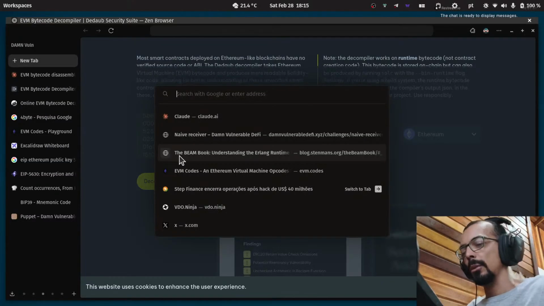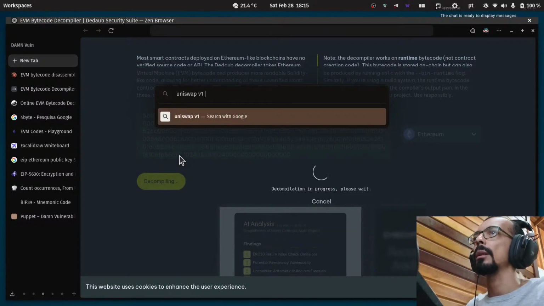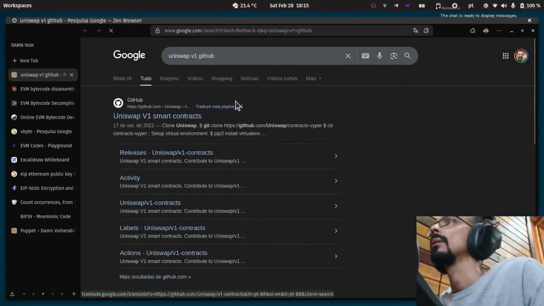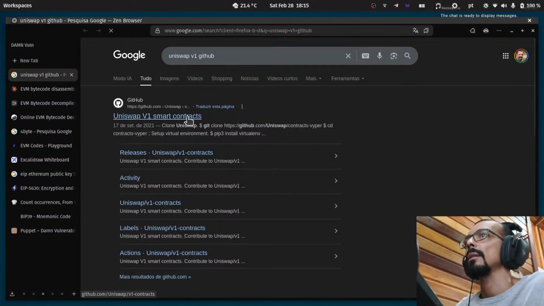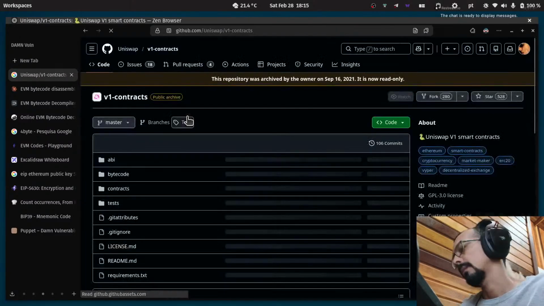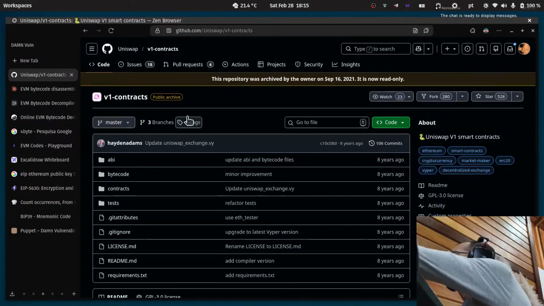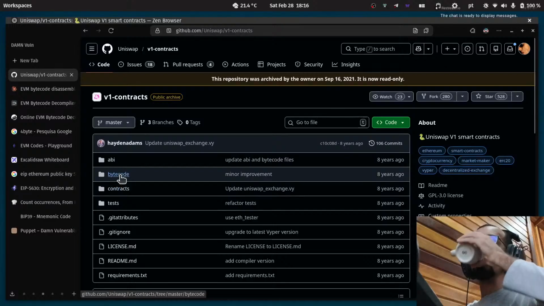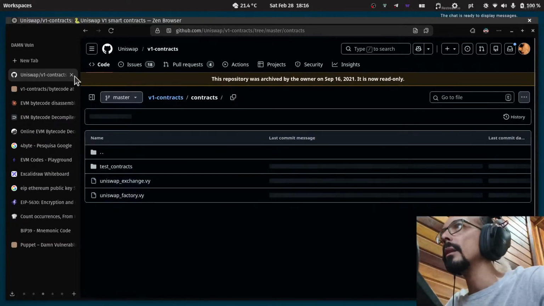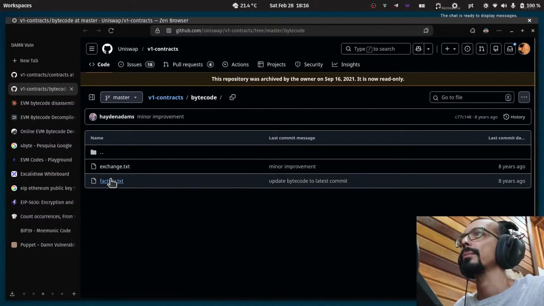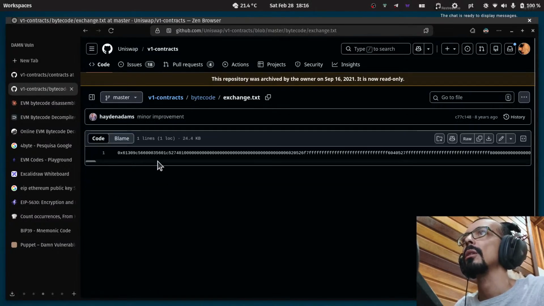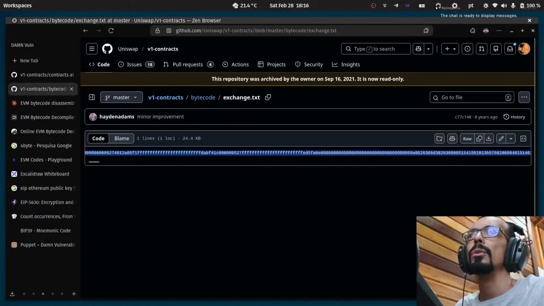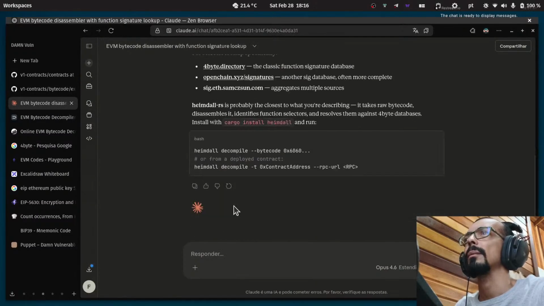And another thing we can do is go to the Uniswap v1 GitHub. So we can take from sources. Let's see how you can see bytecode here too. So the exchange has this bytecode. It's already a little different, I think, because of the constructor. I don't know, but that's something we need to check against.